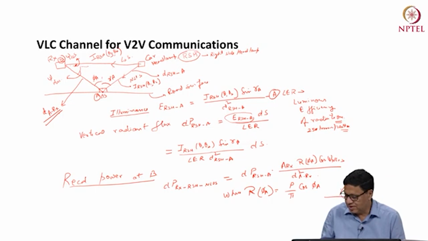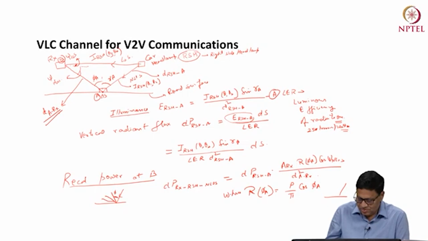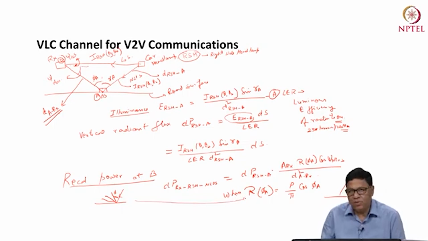The light is falling here, and it is getting scattered, and this angle is phi. So this coefficient R phi A is equal to rho, which is a diffuse constant or reflectivity constant, divided by pi into cos phi A, and this is a function of phi A.